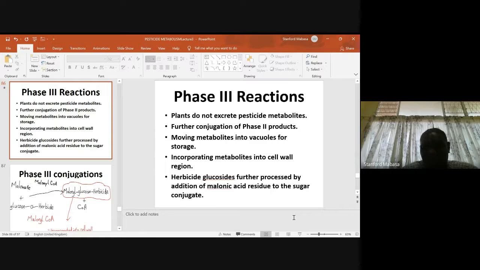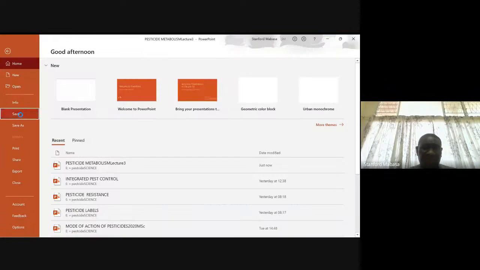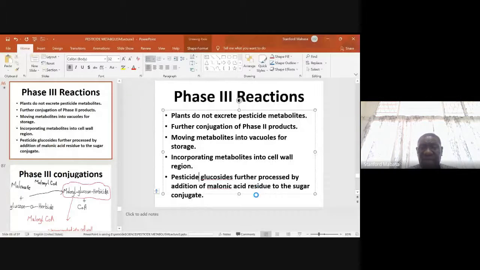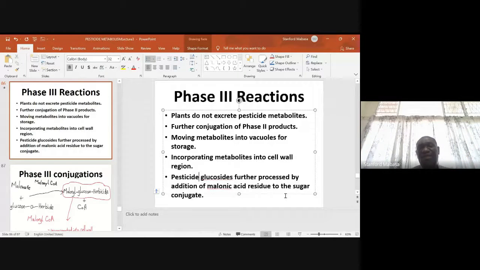You can have pesticide glucosides. Let us call them pesticide glucosides to cover everything. They are further processed by the addition of malonic acid residue to the sugar conjugate.